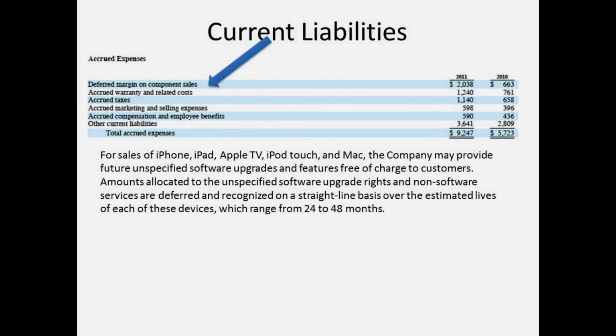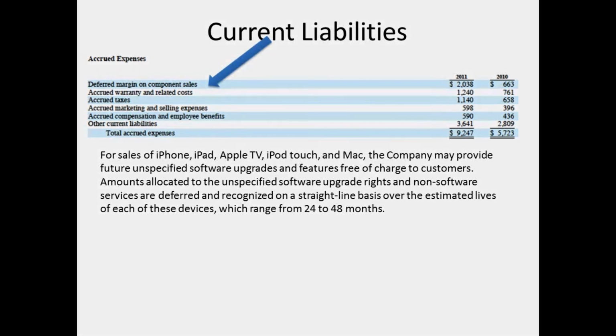So then you just look at their notes and they say, oh, well, here's what happens. Because not only are we selling you the product, we're also selling you all the future upgrades. So, you know, you own an iPhone and then they come up with a software update, you get that update. So they actually are obliged to give you some stuff that costs them money.